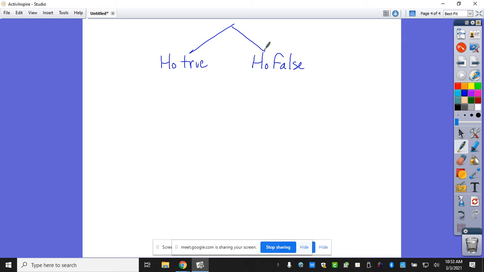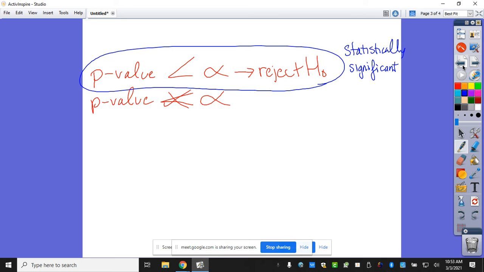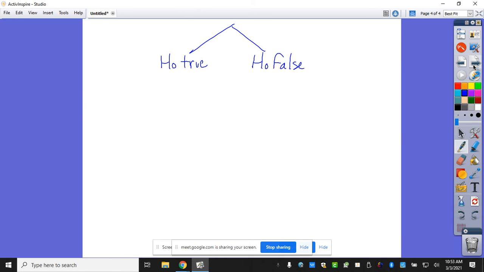So at the very end, I always decide to do something with my null hypothesis. I only have two options of what I can do with the null hypothesis. Either what or what? Reject or fail to reject. So we're just going through scenarios here. Regardless of what happens, I can end up rejecting the null hypothesis, or I can end up failing to reject.